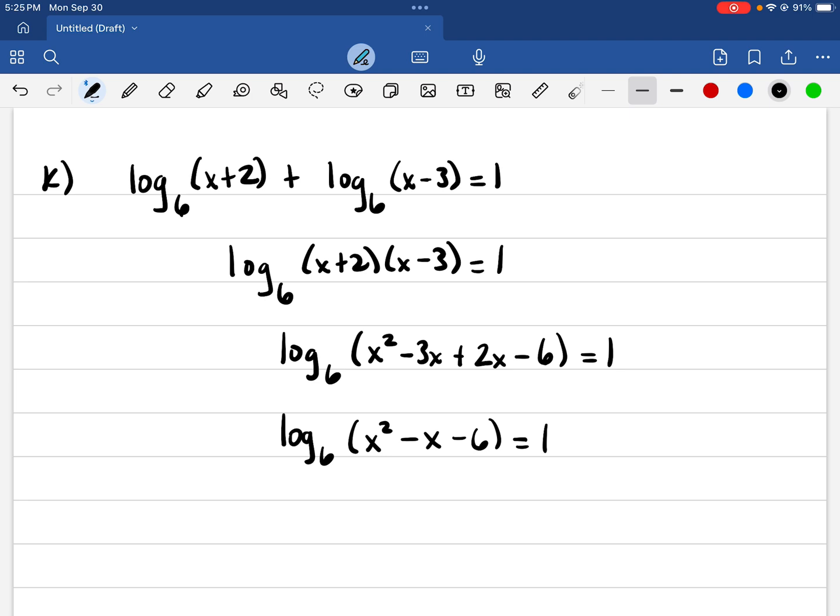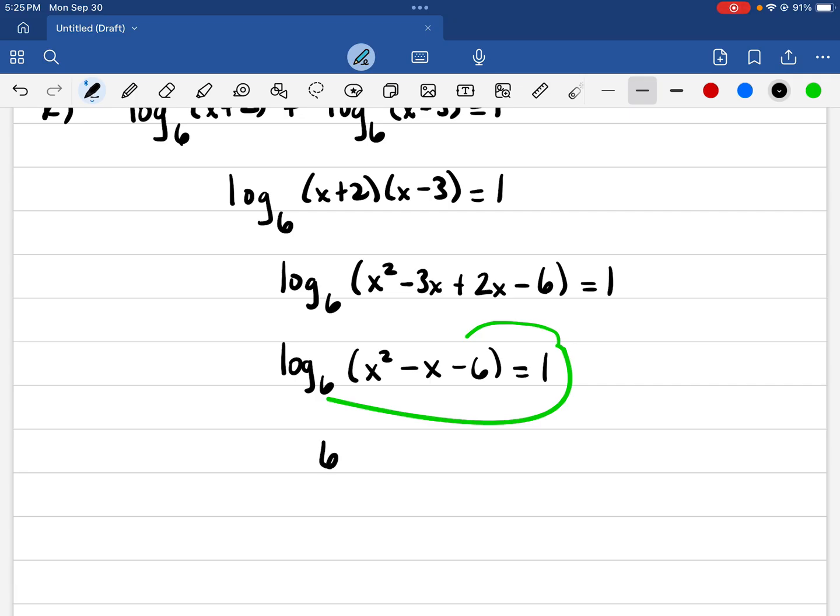And so again, you can see we do not have logs on both sides, so we cannot use that property of equality there. When we can't use the property of equality with our logs, then our option there is to go loggy froggy. So we're going to start at our base 6, jump all the way over here to 1, and then over to x squared minus x minus 6.